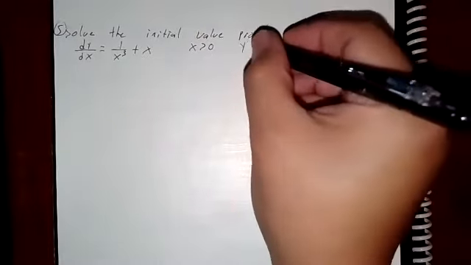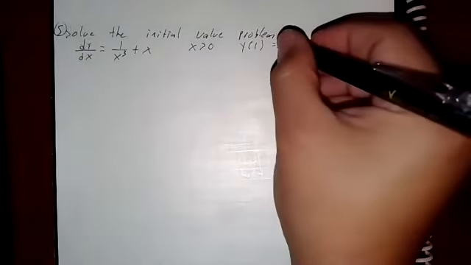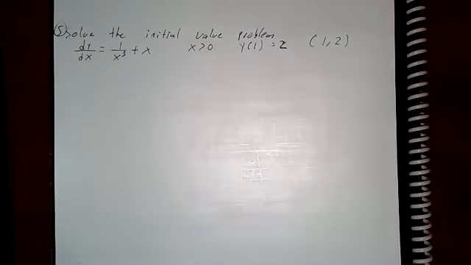They give us an initial value of y of 1 equal to 2. Just remember that this is the same as saying the point (1, 2). They give us a point.